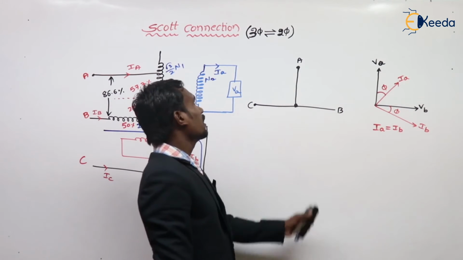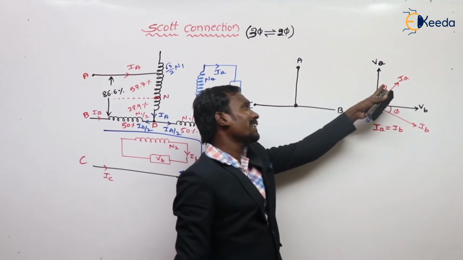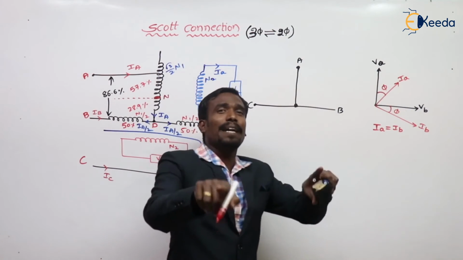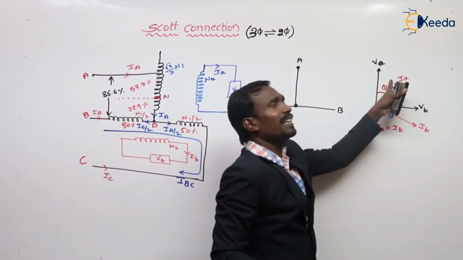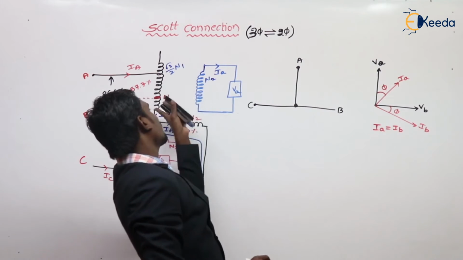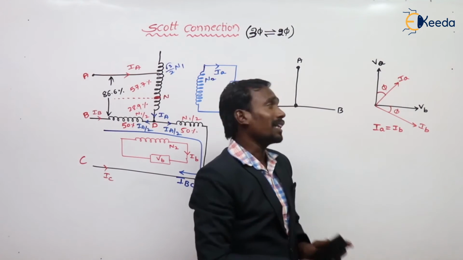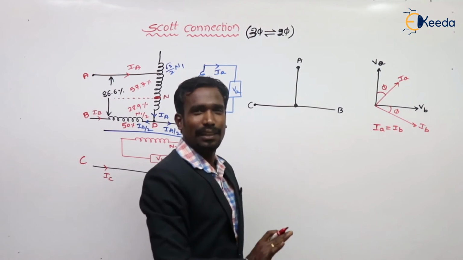For example, if the load is operating at 30 degrees lagging, then our Scott transformer also operates at 30 degrees lagging. If the load is operating at 10 degrees lagging, then the transformer also operates at 10 degrees lagging. The load and the transformer operate similarly.